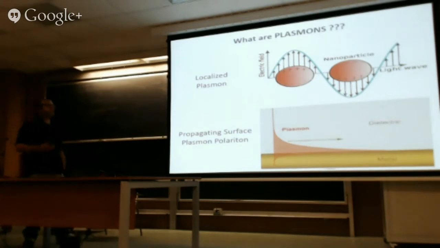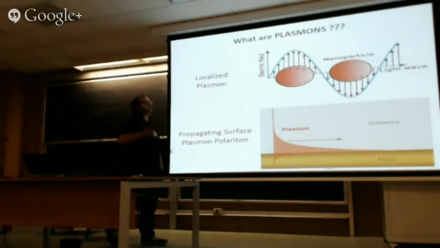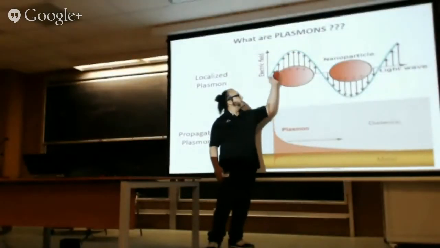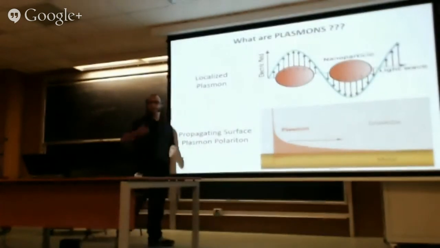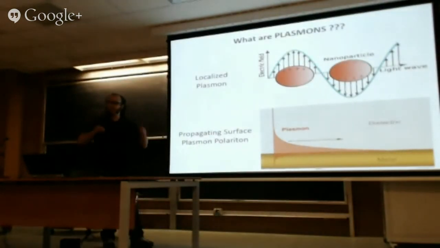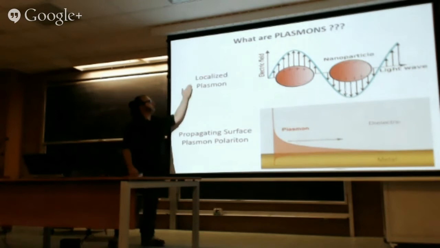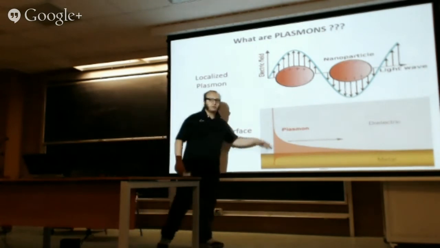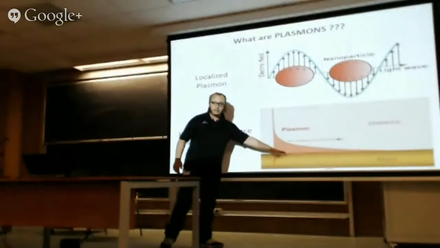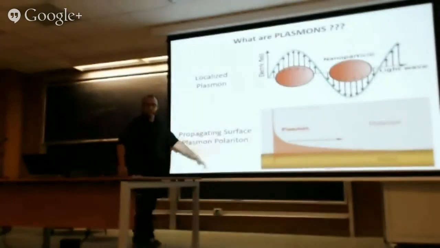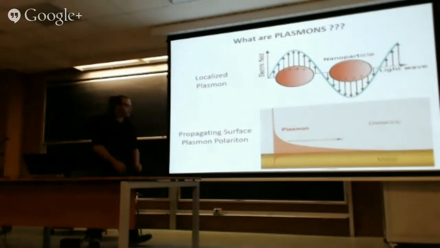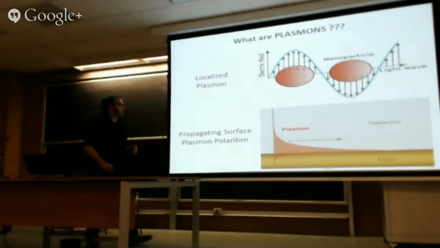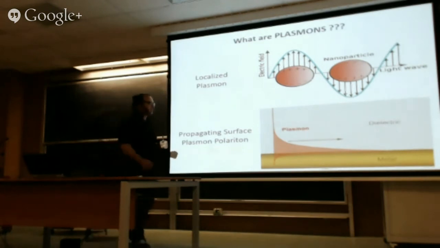So what you can see is that the charge starts oscillating, and in this case we have two nanoparticles, the impinging field, and since the charge stays localized in the particle, you have the so-called localized plasmon. If you have a different configuration, for example, two slabs, a dielectric slab and a metal slab, you can excite a wave at the surface that can travel along the surface, and so it's called propagating surface plasmon polaritons.